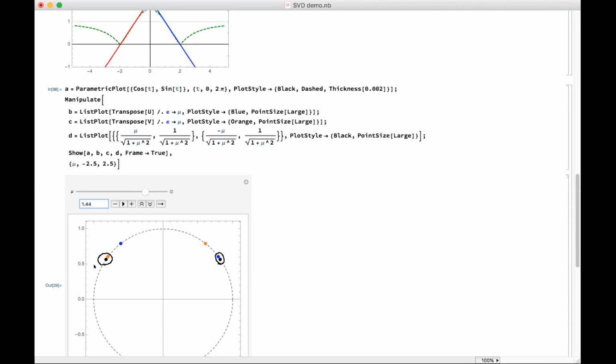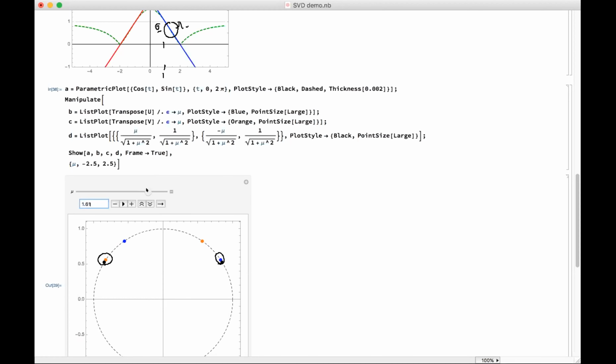That is why you see sigma minus and lambda minus are still very similar in the range between 1 and 2, very close to each other. So that's why one singular vector and one eigenvector are still very close to each other.